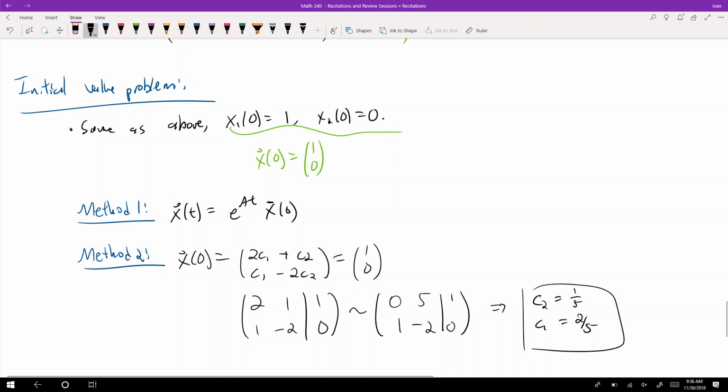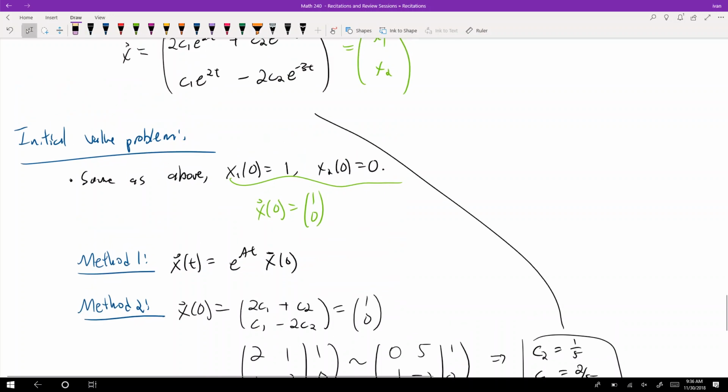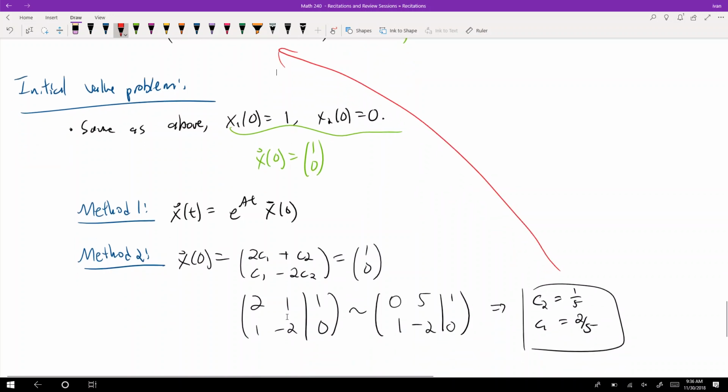All right, so here are my coefficients. And once you're done with those, you just plug these back all the way up in here. But we know the drill. Any questions?